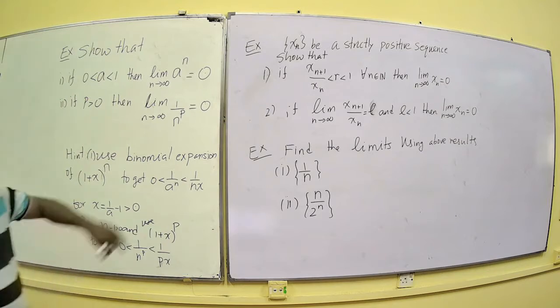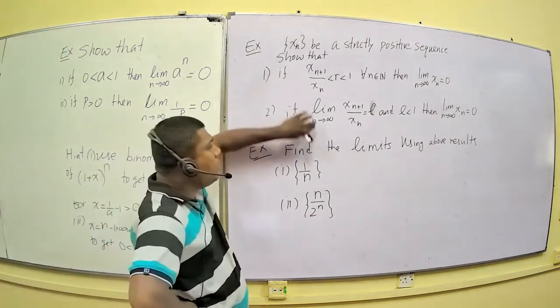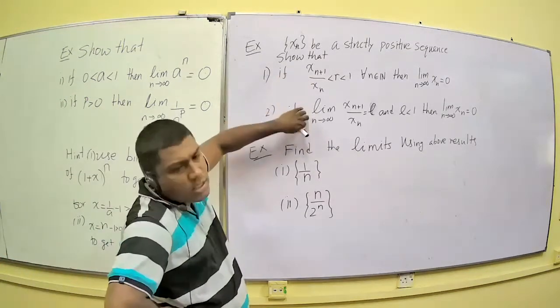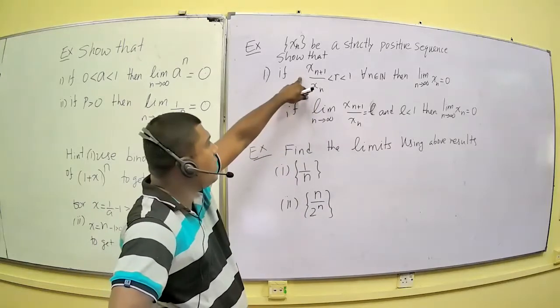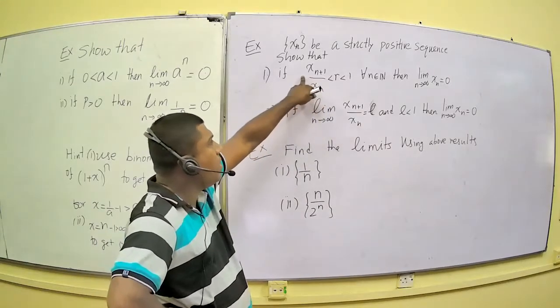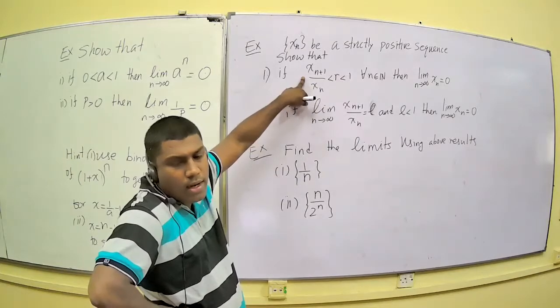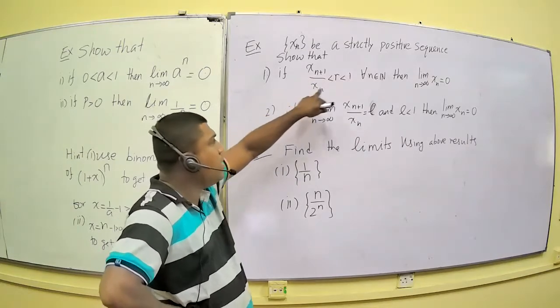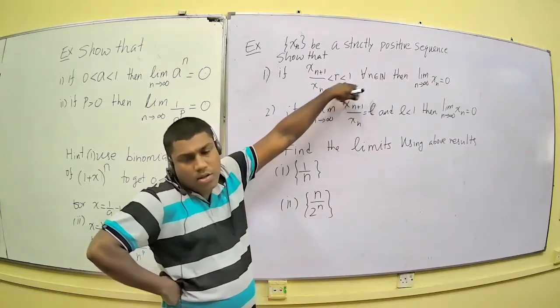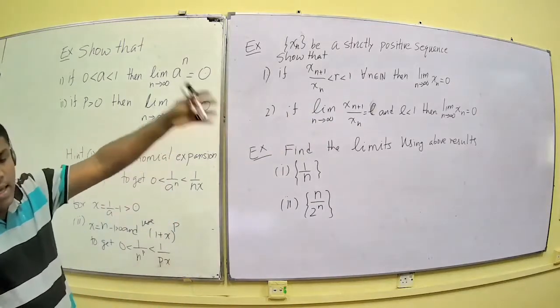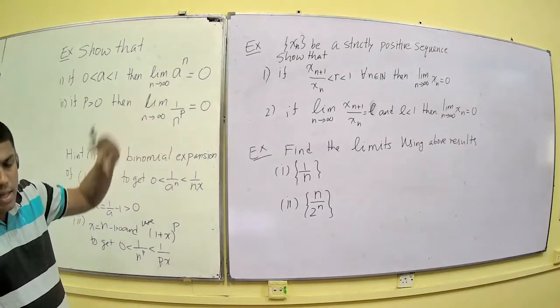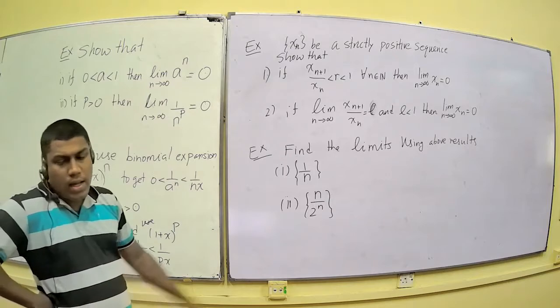So you can see that these two relationships are about the relationship between two successive terms, right? So this is x_{n+1}. Actually, if you simplify this inequality, it says x_{n+1} is less than x_n. So that means the sequence is decreasing, right? x_n is bigger, x_{n+1} is smaller, x_{n+2} is even smaller.